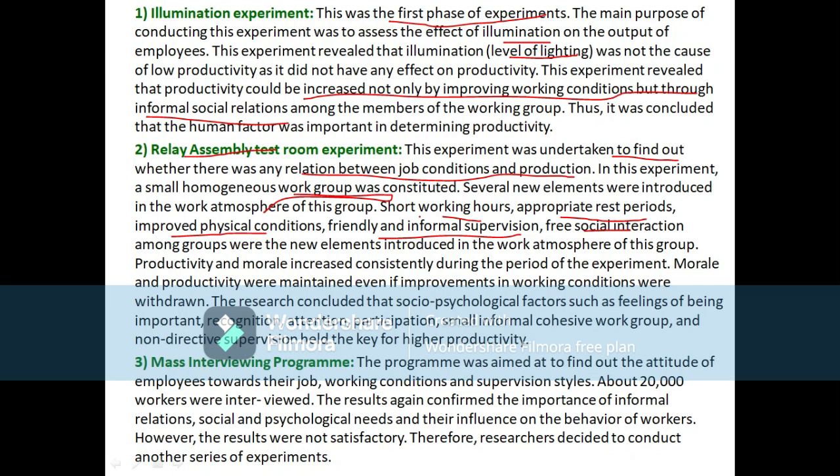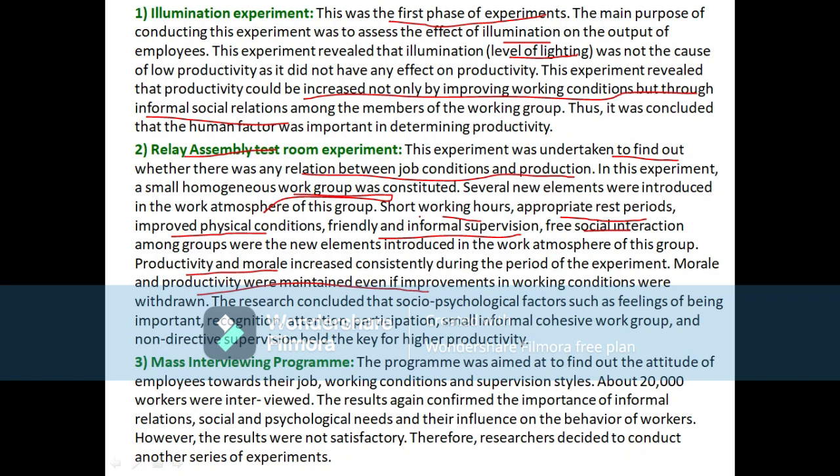Productivity and morale increased consistently during the period of the experiment. The morale of the employees increased, and morale and productivity were maintained even if the improvements in working conditions were withdrawn. You have to observe this: after completing the experiment, they withdrew all those short working hours, rest periods and physical conditions, reduced all of those things, yet the productivity remained the same.